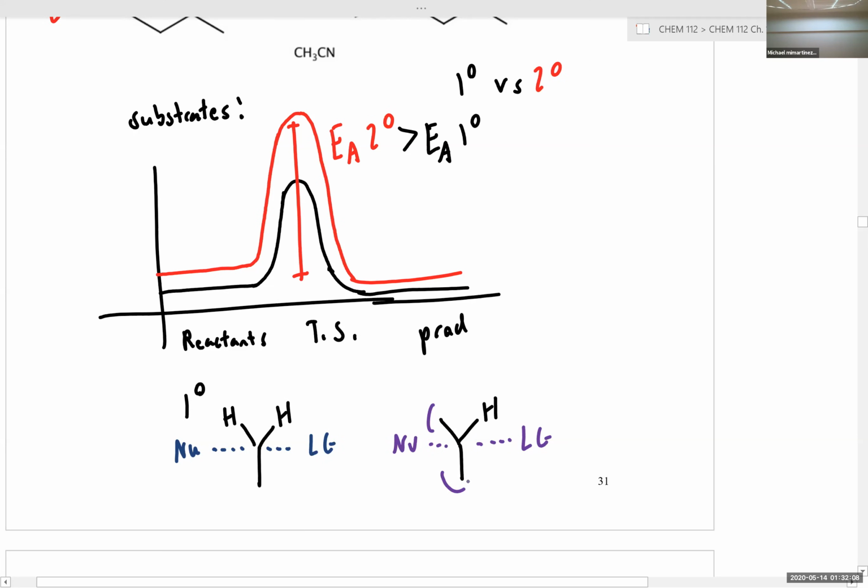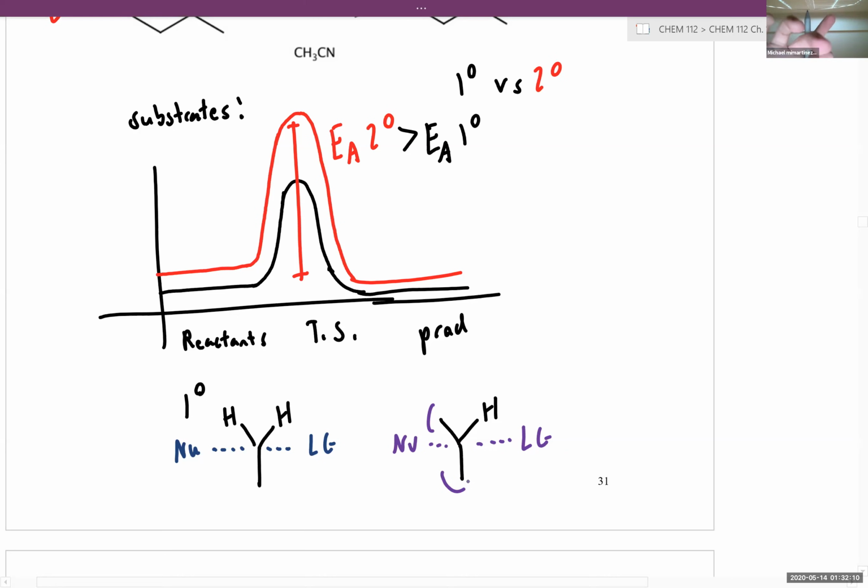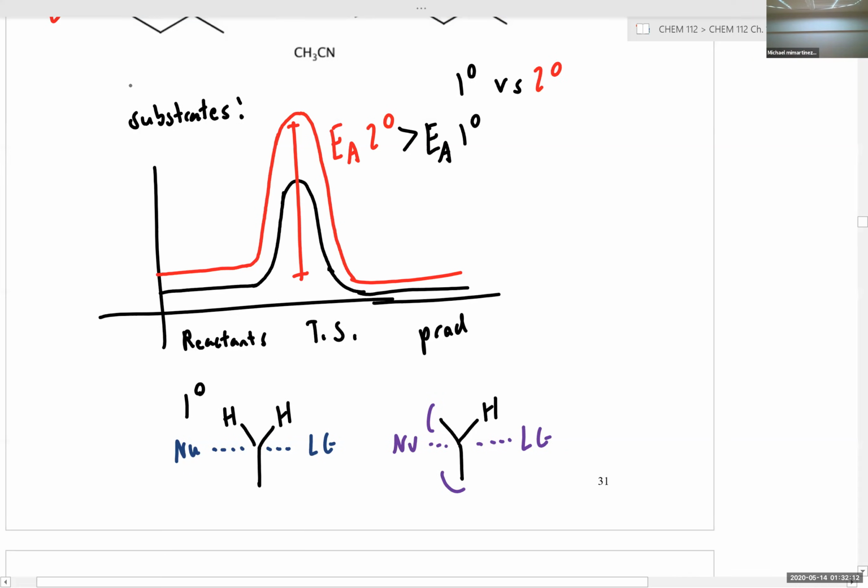So the main thing that changes when we change our substrate is that activation energy increases as substrate becomes more substituted.